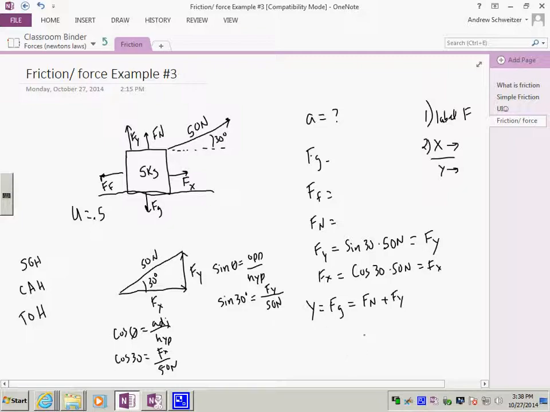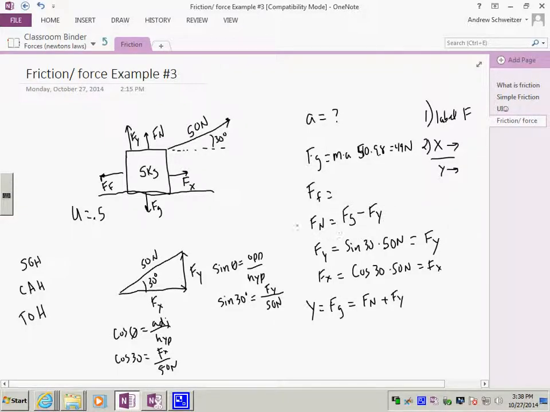In this case, the force of gravity equals mass times acceleration, and for this guy that would be 5 kilograms times 9.8, which is 49 newtons. If I want to solve this for the force normal, the force normal is equal to the force of gravity minus my force in the y direction.